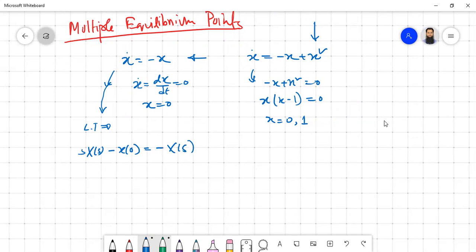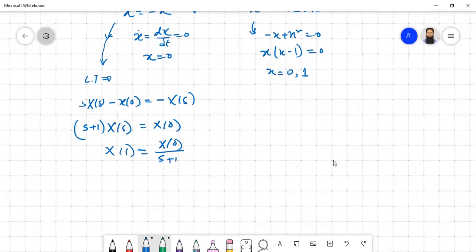So X(s) can be brought to the same side, and (s plus 1) X(s) equal to x0. So X(s) equals x0, the initial value, divided by s plus 1.